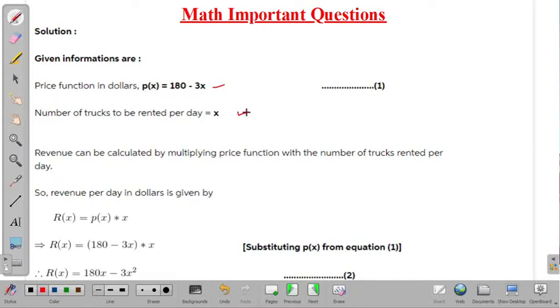So if we denote the revenue function as R(x), then R(x) will be equal to P(x) into x. Substituting P(x) by 180 minus 3x, which is given, we will get R(x) equal to 180x minus 3x squared. So this is our revenue function.